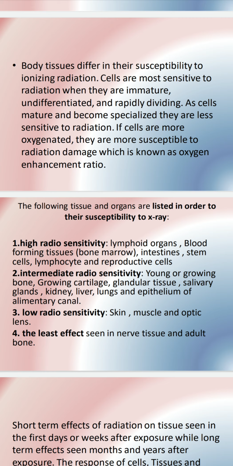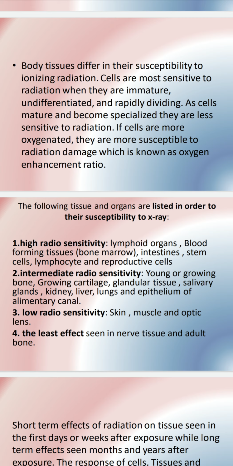The following tissues and organs are listed in order of their susceptibility to X-ray. High radiosensitivity: lymphoid organs, blood-forming tissue, bone marrow, intestine, stem cells, lymphocytes, and reproductive cells.